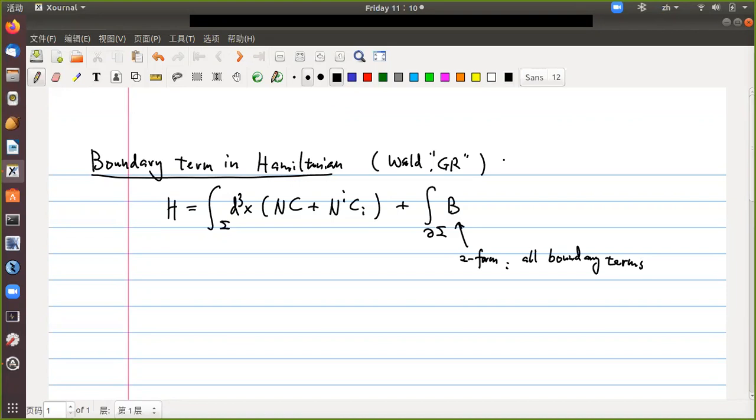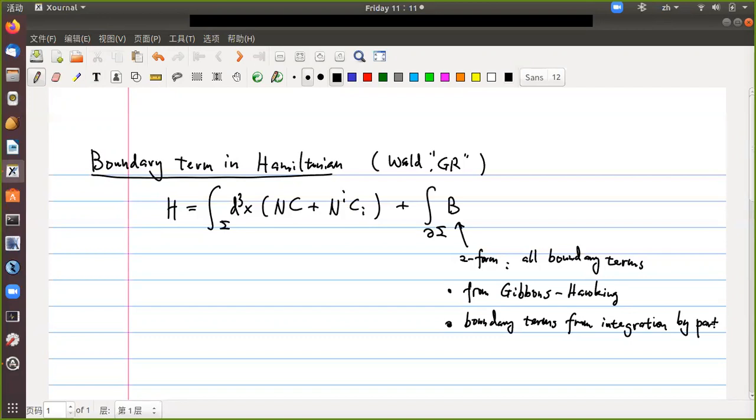So firstly, from Gibbons-Hawking at the Lagrangian level, and secondly, boundary terms from integration by parts.